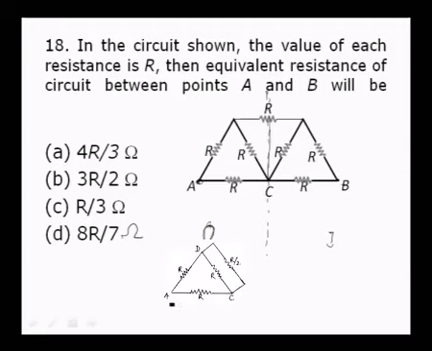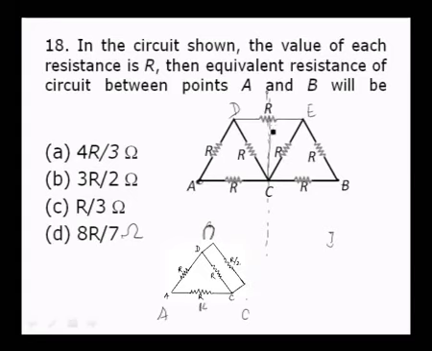This is A and this is C and this is the resistor R. I will give the points A, B, C, this is D and this is E. This is the resistor, this circle is over R.